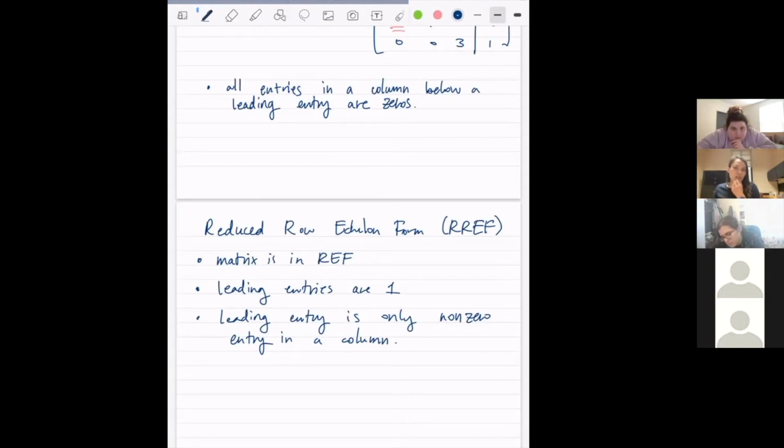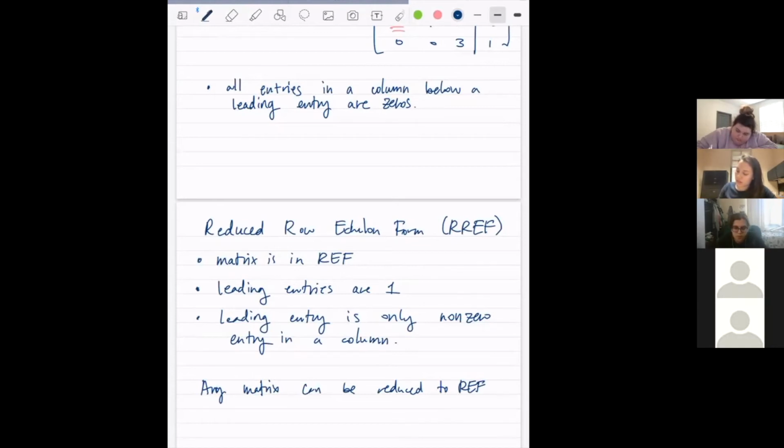Cool. So any matrix can be reduced to row echelon form. But row echelon form is not unique, right? We can have many different forms of that for a particular matrix.